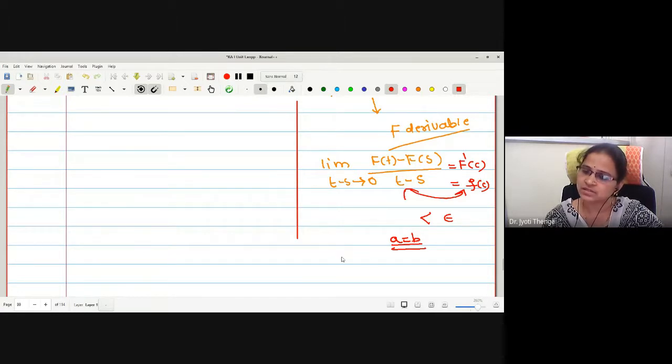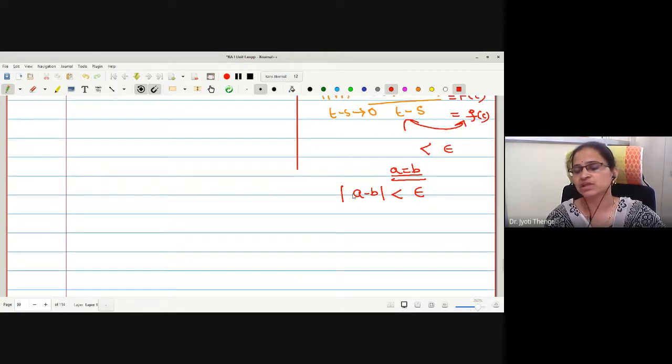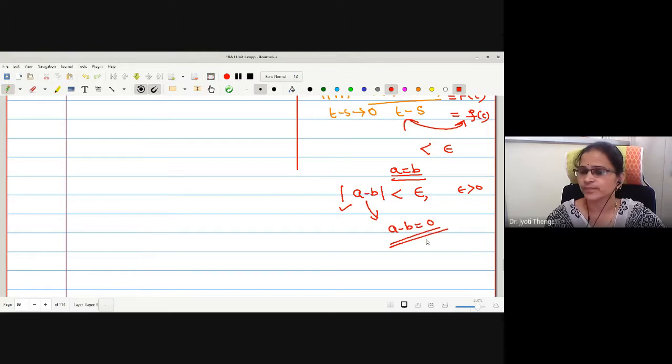We will consider the difference, we will put it in the modulus, and we will show that it is less than epsilon. Why? Because whenever we put this in the modulus, the quantity on the left side will be non-negative. A non-negative quantity less than every epsilon positive, what is the only possibility that remains? 0, which is going to give you a is equal to b.